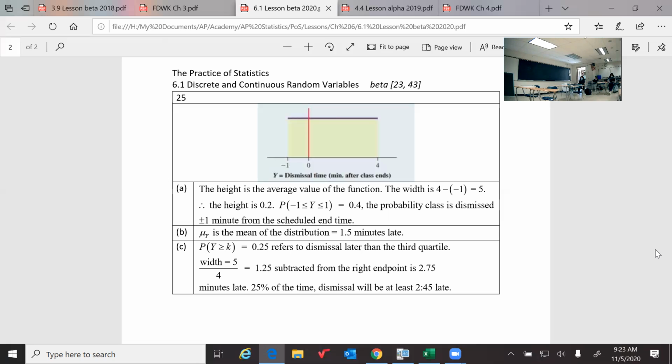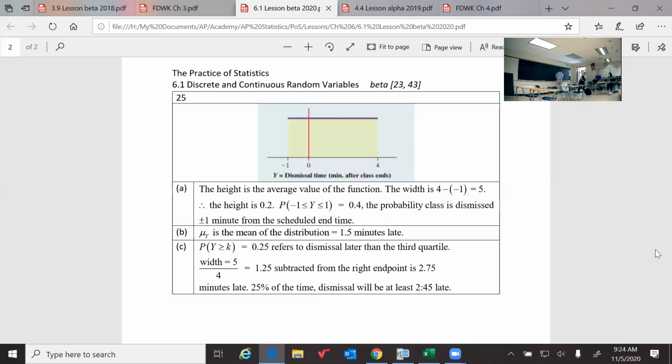find the value that makes this statement true. The probability is greater than 0.25. Later than, the probability is a quarter. If you think about a box plot, here's a symmetric box plot.